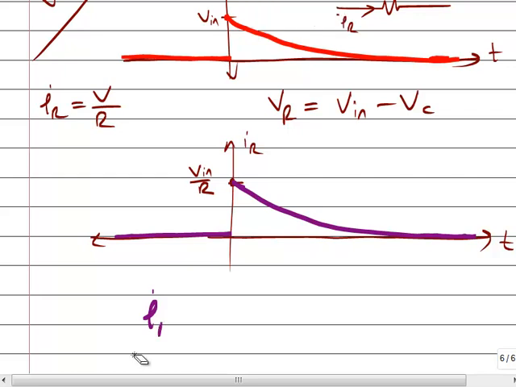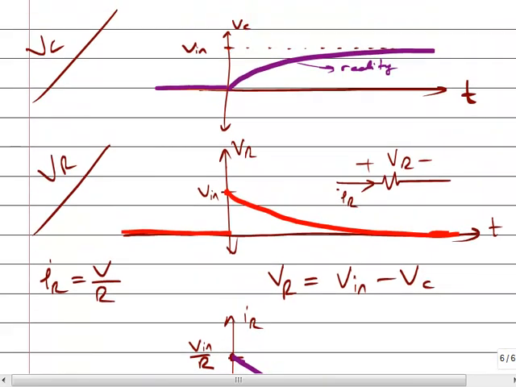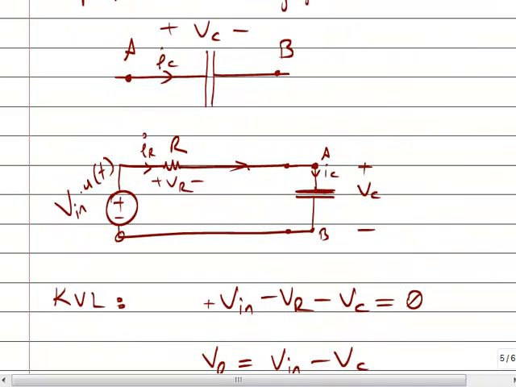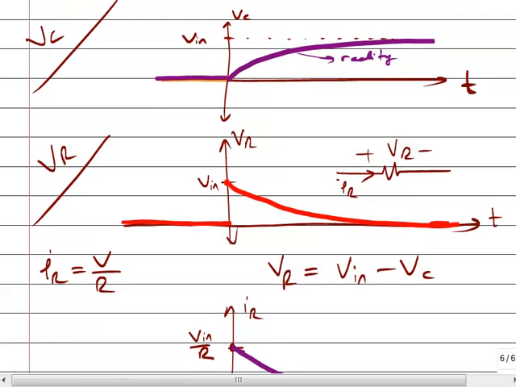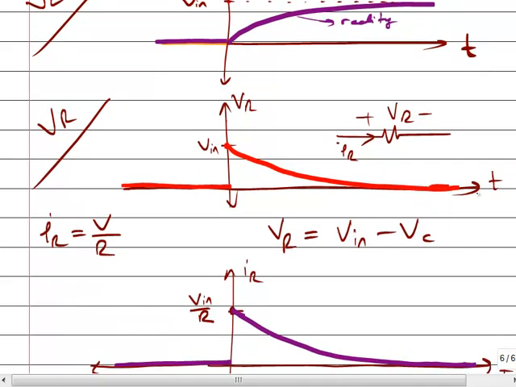Okay, IC is equal to IR, and also it's equal to the current of the voltage source. So there is a voltage on the capacitance, and there is a current on the capacitance. So consider this: this is the shape of the voltage of the capacitor, and this is the shape of the current of the capacitor.